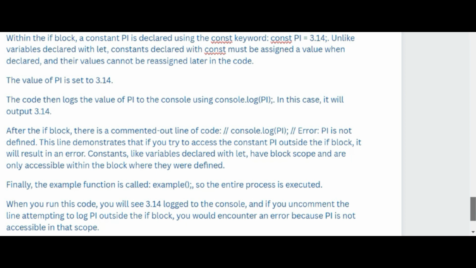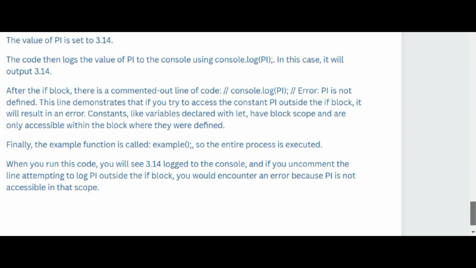After the if block, there is a commented out line of code: console.log pi, error, pi is not defined. This line demonstrates that if you try to access the constant pi outside the if block, it will result in an error. Constants, like variables declared with let, have block scope and are only accessible within the block where they were defined.